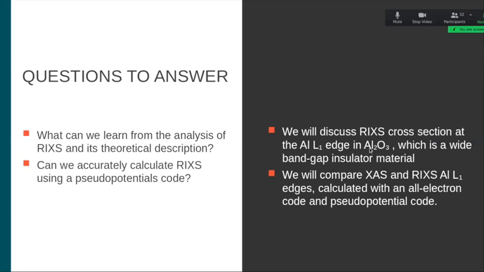I use this material because it is a wide bandgap insulator where we expect the excitonic effects to be important, and therefore we can study and analyze their role. In the second place, we will compare X-ray absorption calculations and RIXS calculations at the aluminum L1 edge, calculated with all electrons and also with a pseudopotential code, to verify whether the results are accurate.